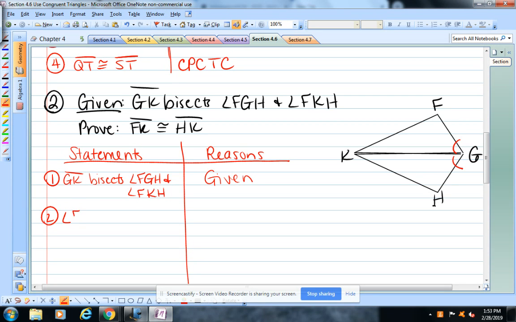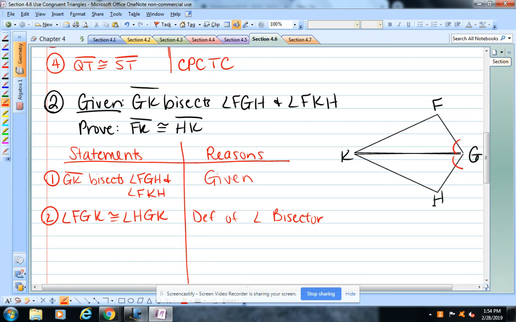Angle FGK is congruent to angle HGK, right? And that's because that's the definition of an angle bisector. That's what a bisector does. It cuts it exactly in half and makes it two congruent parts.